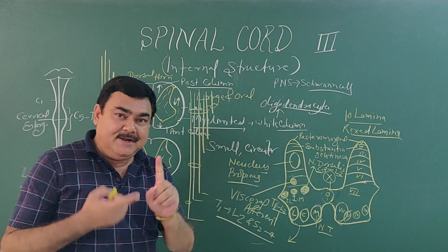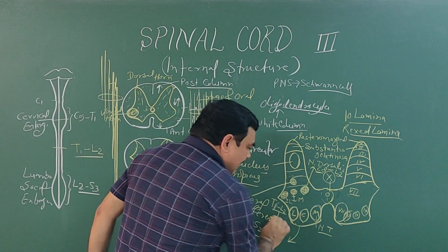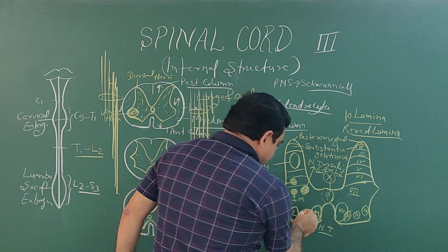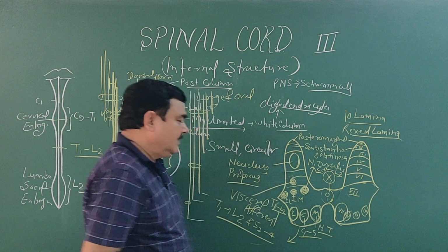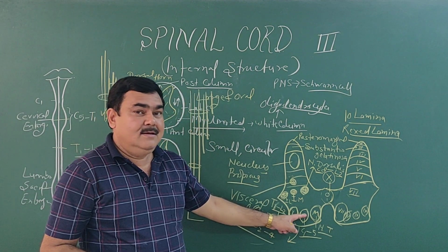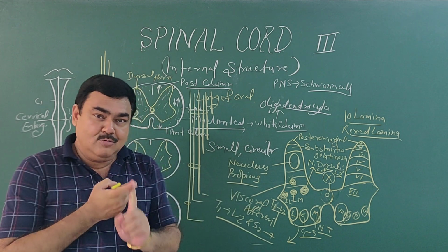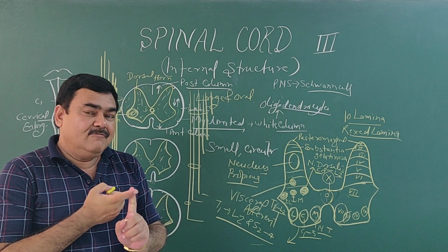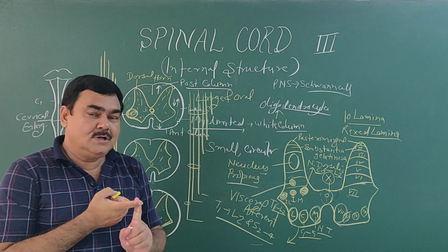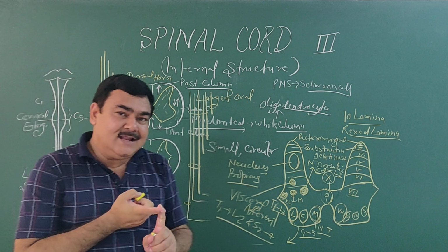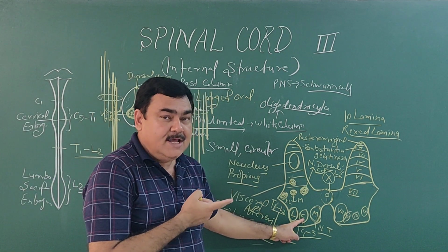In spinal segments C1 to C5, the nuclei for the spinal accessory nerve root are present here.